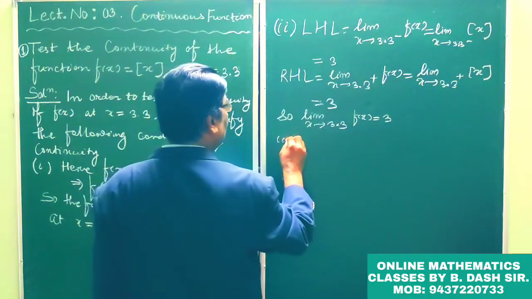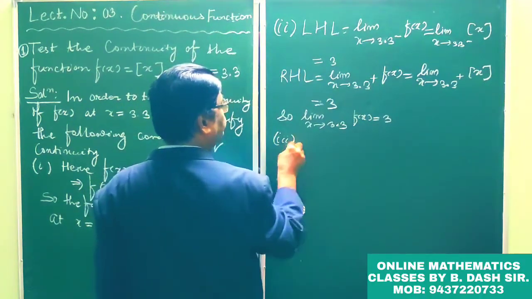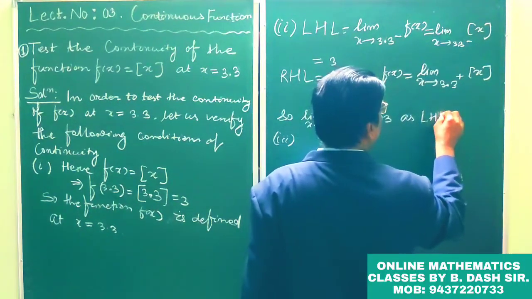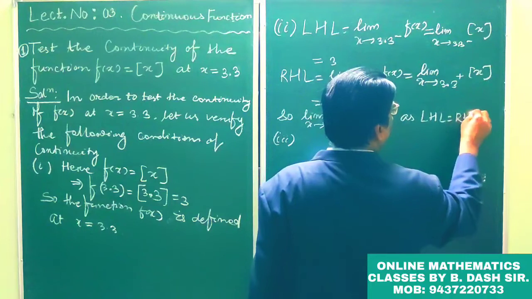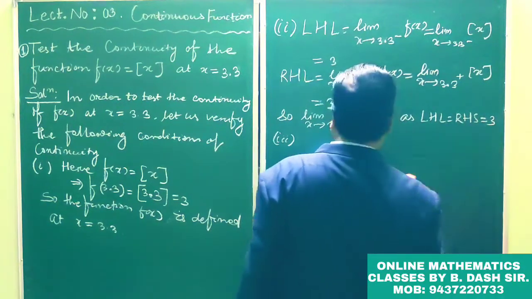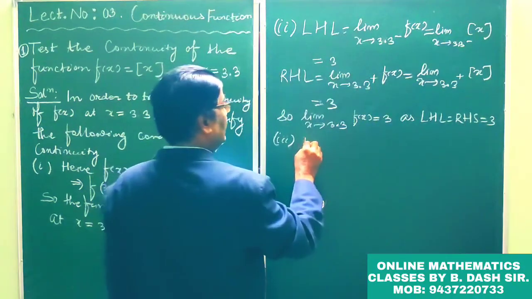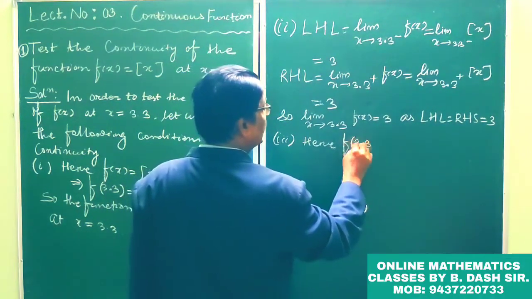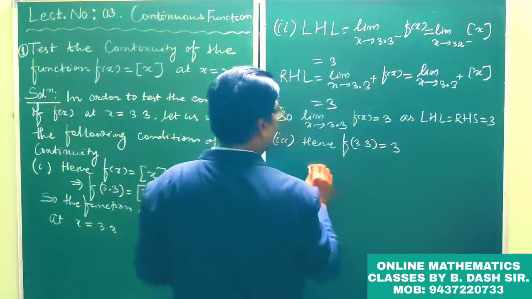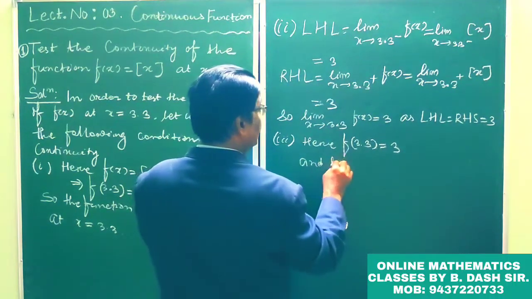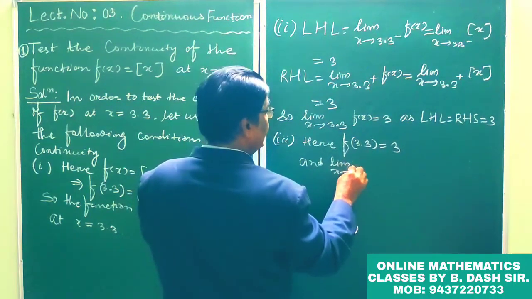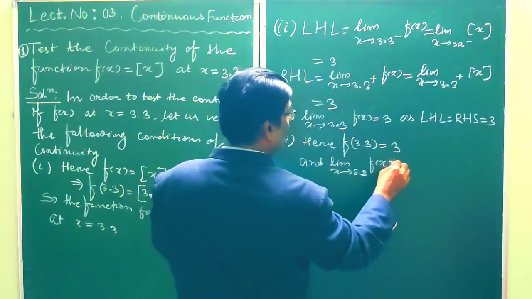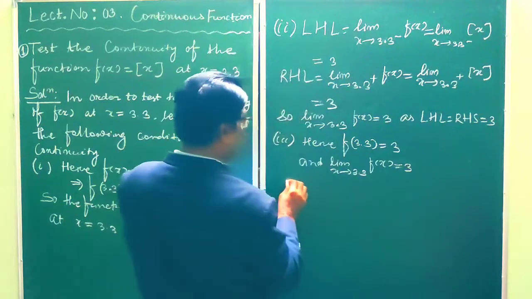Now the third condition. As here left hand limit is equal to right hand limit is equal to 3. Here f(3.3), the functional value is 3 and limit x tends to 3.3 f(x) is also equal to 3.